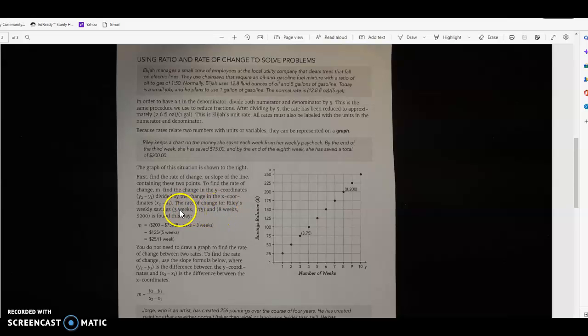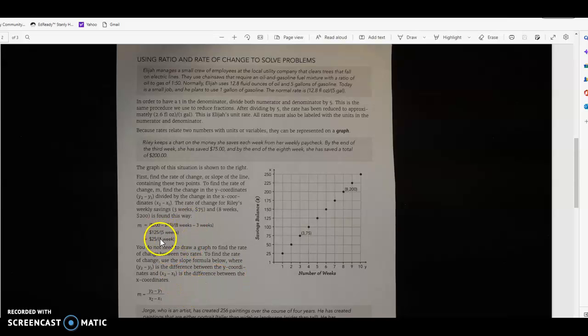So in this particular case, I was using the 3 weeks and $75 and 8 weeks and $200. I'm going to go 200 minus 75 on top, get that to be 125. And then the 8 minus the 3 is going to give me 5 weeks. Then to change that to what we call the rate of change, we want to simplify that to a unit rate.